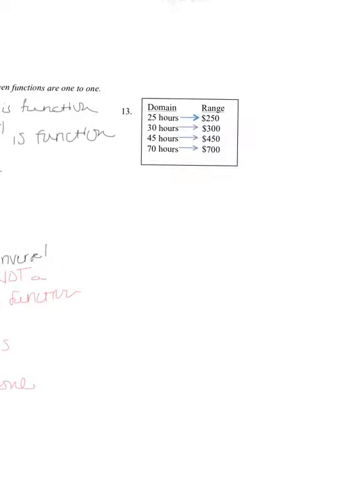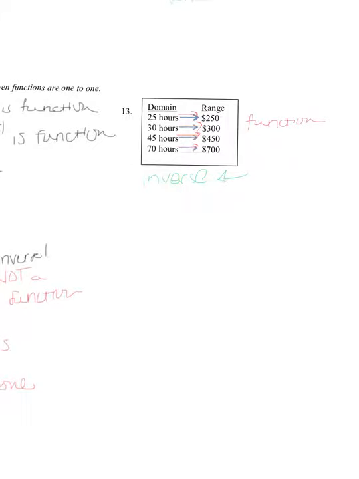All right, looking at number 13. Guys, this is a function. Each x value has one y value. 25 maps to 250, 30 maps to 300, 45 maps to 450, and 70 maps to 700. This is a function. If we went the other way, which is inverse, right to left, and drew arrows, would we just have one arrow for each y value?